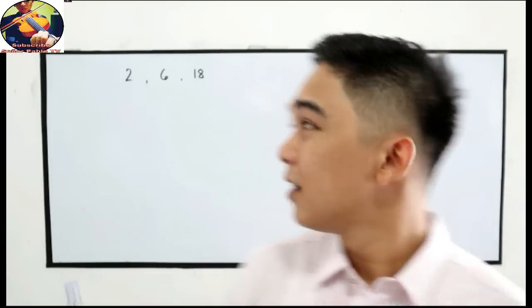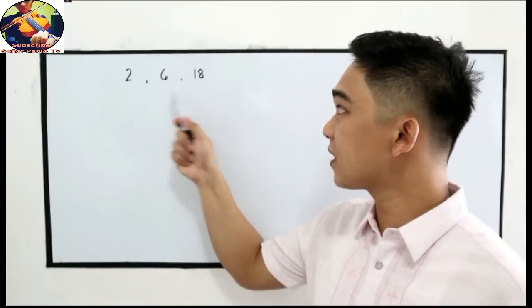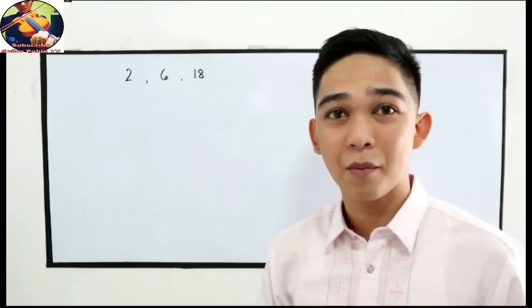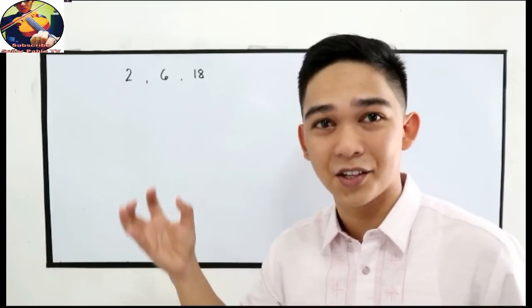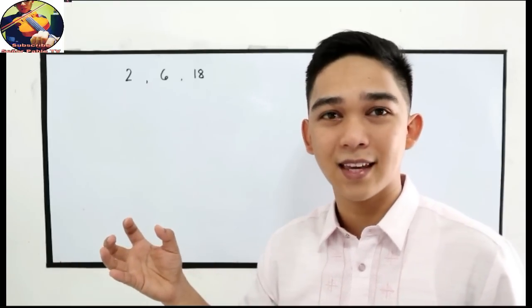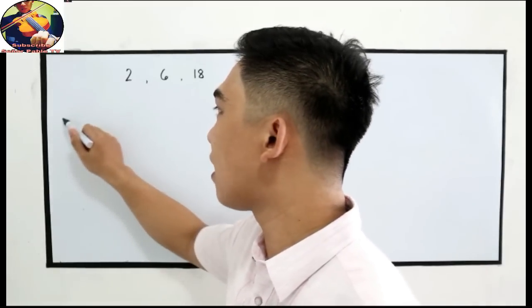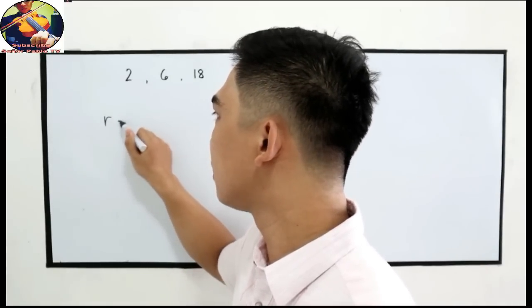common ratio. Example tayo. Meron tayong 2, 6, and 18. Meron tayong fixed number. Kapag minultiply natin, makukuha natin yung next term. Dito, makukuha natin yung common ratio na yon, which is sabihin natin R, common ratio.